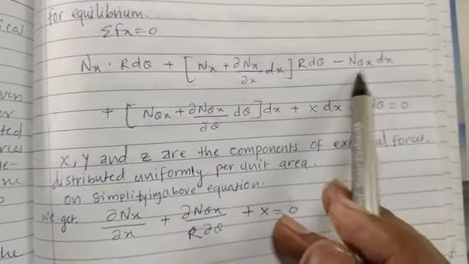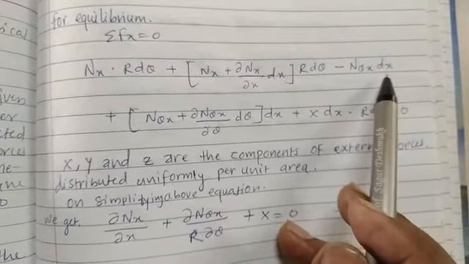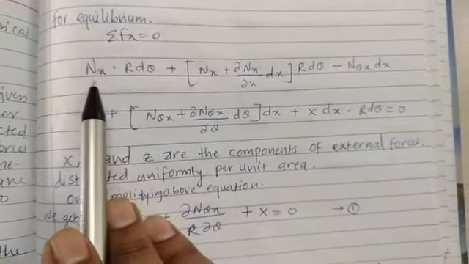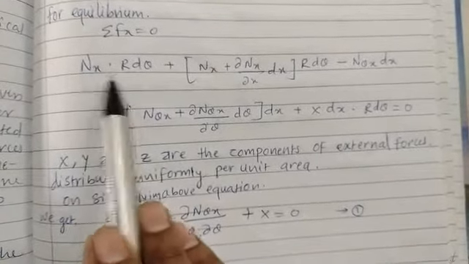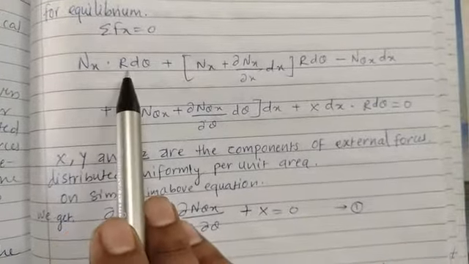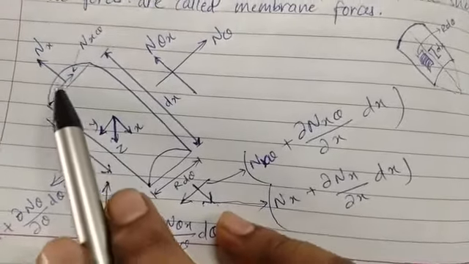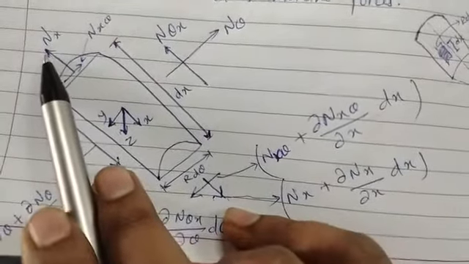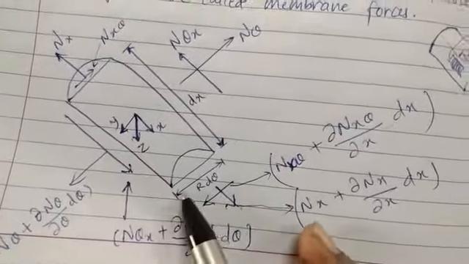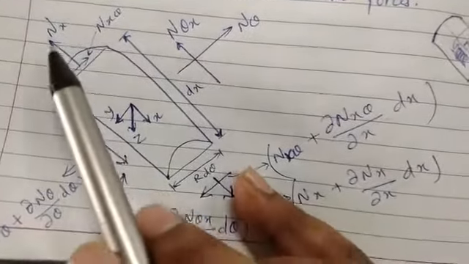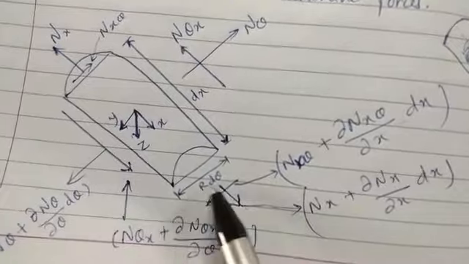So that's why n theta x, and it is acting on dx length. I will show you the first force and the length. This is nx acting on r d theta. Here we can see this is the nx force, and it is acting on this length. So this length is r d theta, so we have taken this force into this length, r d theta.